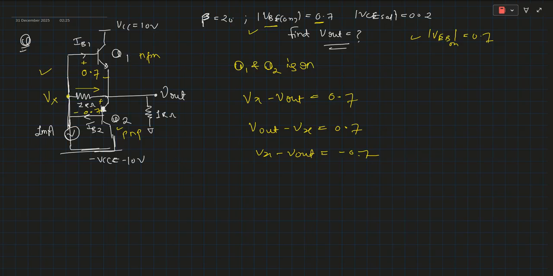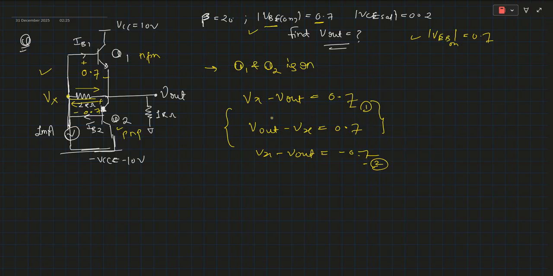This transistor is saying the current will move from this direction to this direction, but in this condition, if Q1 and Q2 are on, for this branch these two equations cannot exist simultaneously.